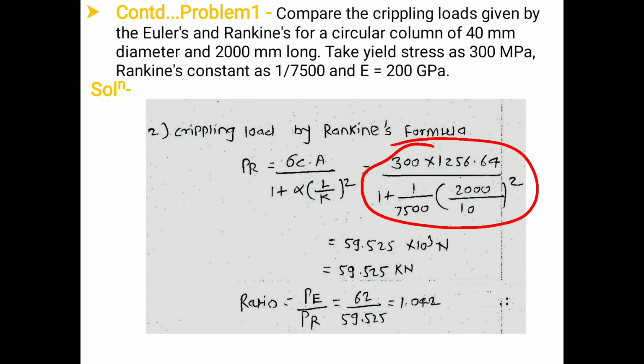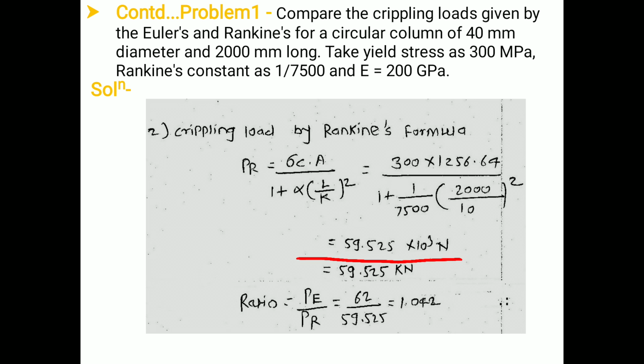After solving this equation, we get the crippling load given by Rankine as 59.525 into 10 raised to 3 Newton. In kilonewton it becomes 59.525 kilonewton.